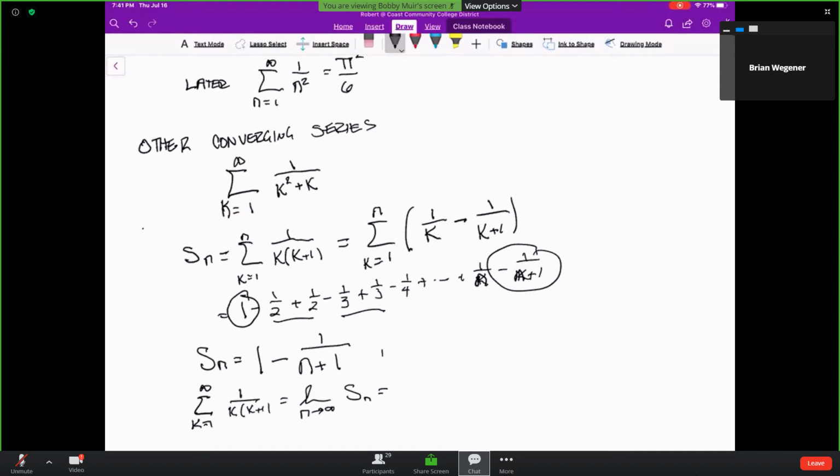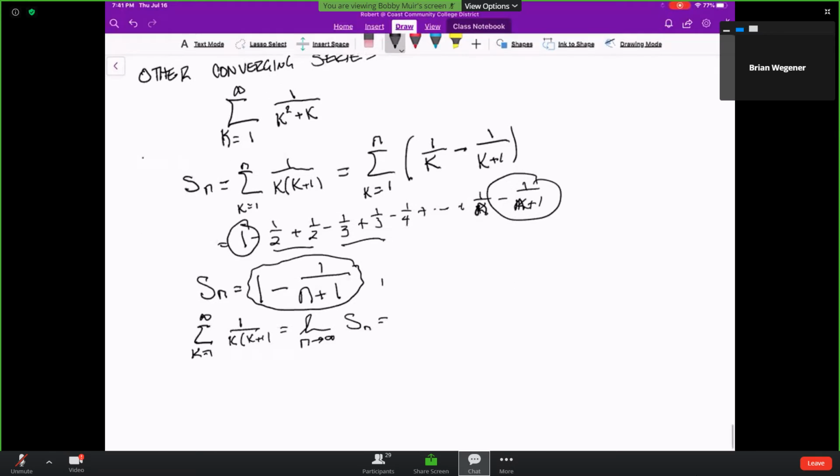What does this do as n tends to infinity? Is it 1? Mm-hmm. 1 minus 0, because this term goes to 0. So the answer is 1. Most of the time, we're not going to be able to do this, know what it is. Most of the time.